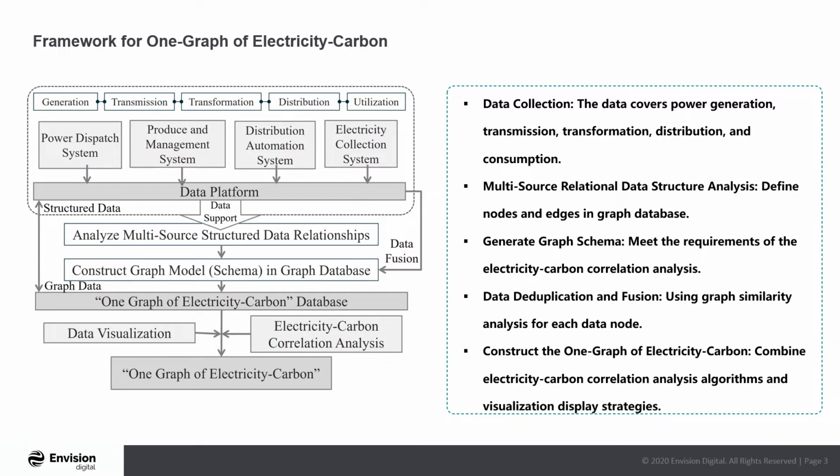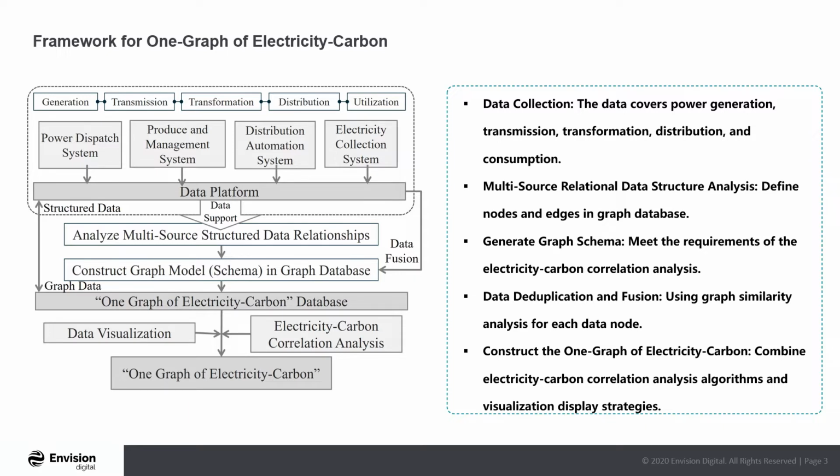After the data is collected through the data platform, it supports multi-source relational data structure analysis. According to the analysis results, the corresponding nodes and the relationship between the nodes are defined in the graph database to generate a graph schema that meets the requirements of the electricity carbon correlation analysis.